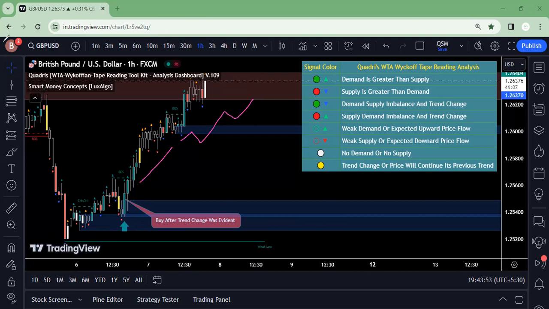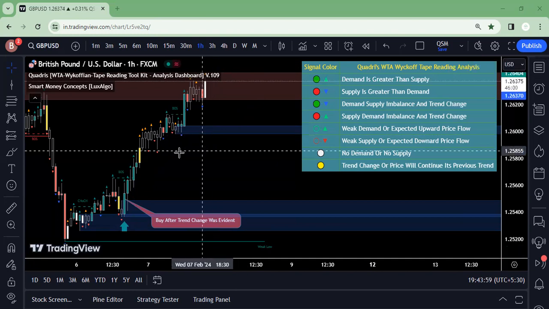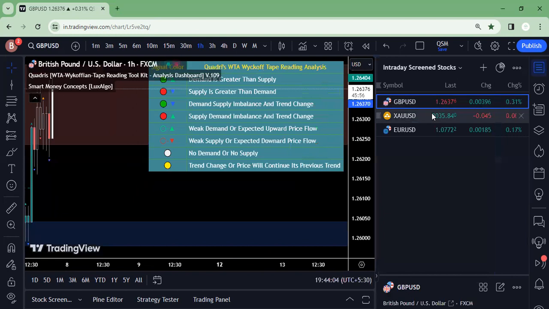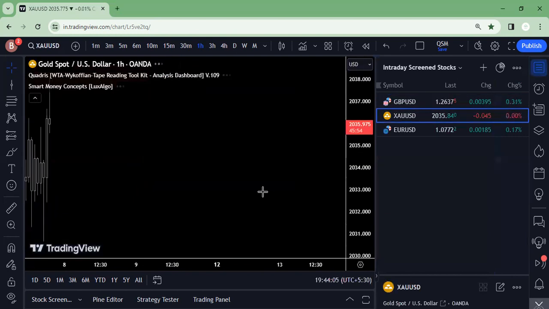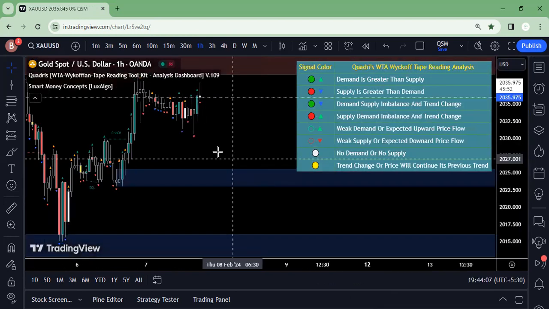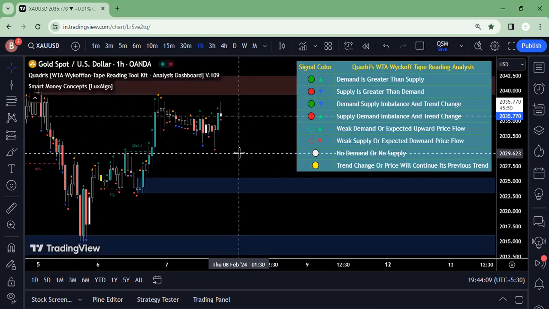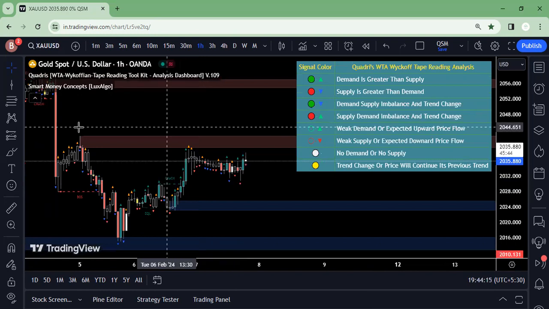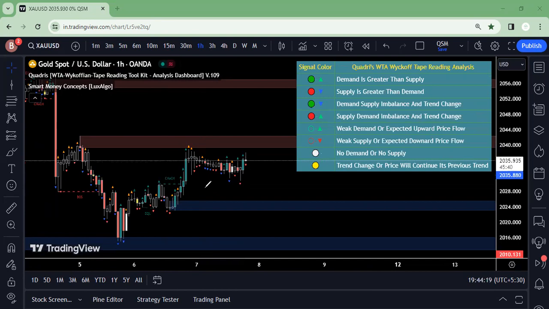So now I'll change the chart from GBP USD to gold, because we have already discussed this in ICD. Gold is one market which many traders like to trade, but it's very challenging, though using this tape reading tool makes it easier for us to trade.